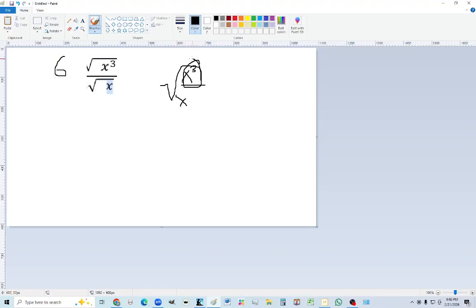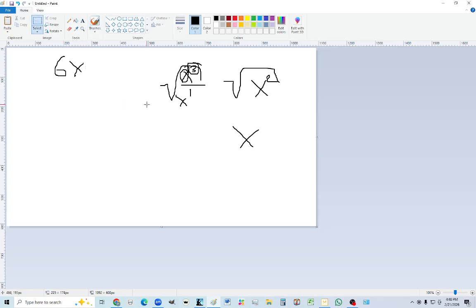And the rule for this is whenever you're dividing two things with the same base, you can subtract their exponents. 3 minus 1, x squared. What's the square root of x squared? X. So that means the simplified version of this is quite clean, 6x.